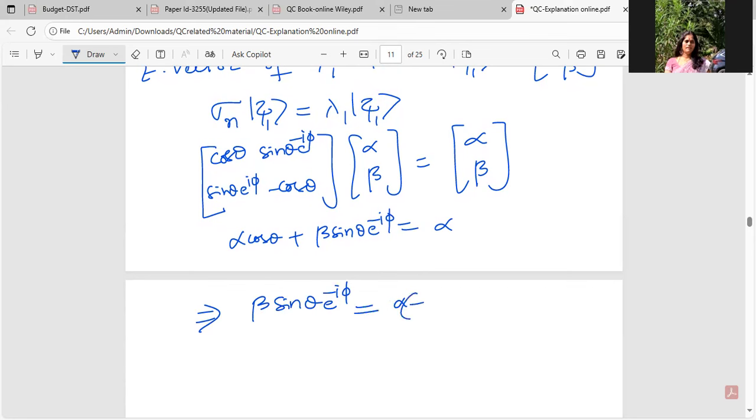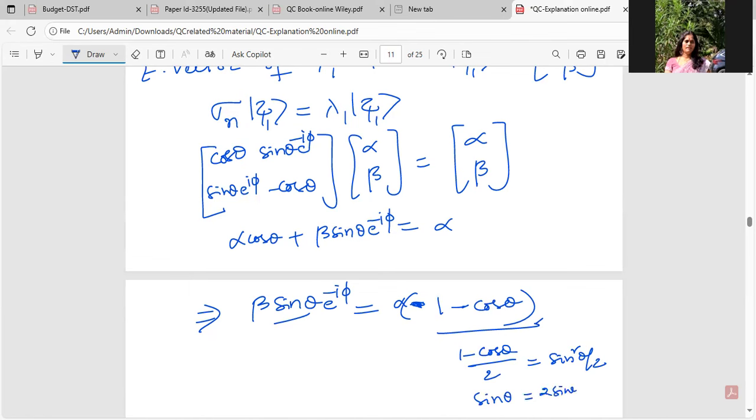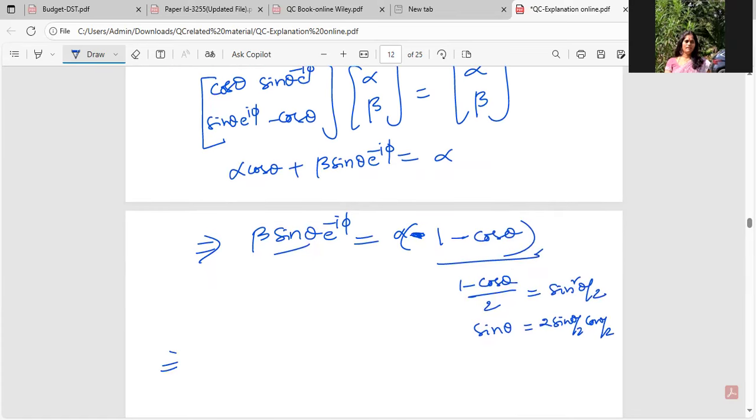If I take out common, I can say 1 minus cos theta. Okay, guys? Sine theta is there. 1 minus cos theta is there. So I think I can write it like 1 minus cos theta by 2. This is equal to sine squared theta by 2. And sine theta is equal to 2 sine theta by 2 cos theta by 2. I can write like this, right? Okay. So what I will do, beta is 2 beta into sine theta by 2 cos theta by 2 e power minus i phi.